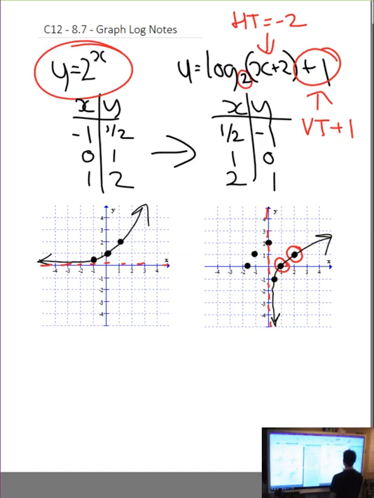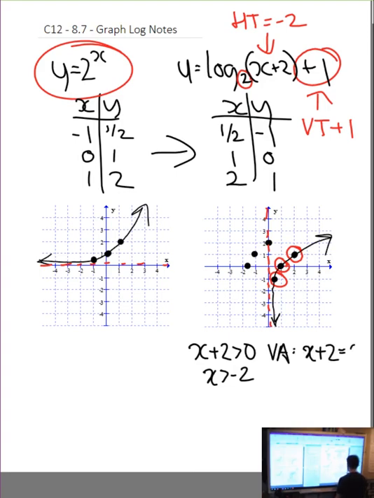Now I need to work a little bit more on my vertical asymptote. So my restrictions from 8.2 say the thing that I'm logging needs to be greater than 0. So x needs to be greater than negative 2. And my vertical asymptote says the thing that I'm logging needs to be equal to 0.